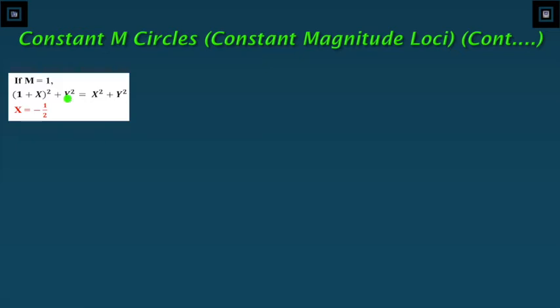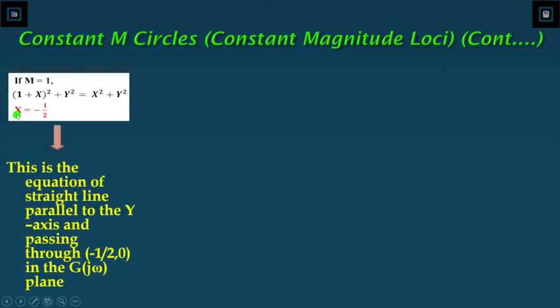Then the equation 1 becomes this value. So x equal to, we get minus half. This is the equation of a straight line parallel to the y-axis and passing through the point minus half and 0 in the G j omega plane.